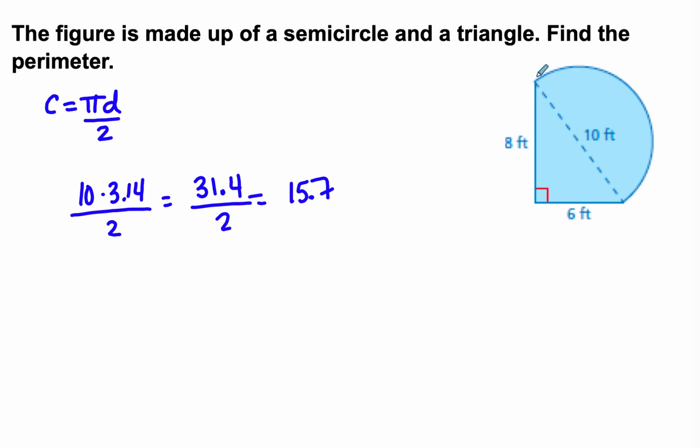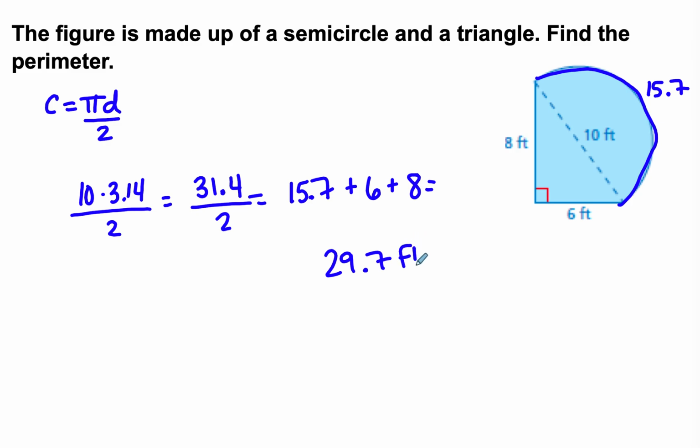That's this part. I didn't do a very good job tracing, but that's okay. The curved part is 15.7. I still have 6 and 8 on the outside, so I need to add those together. Plus 6 plus 8. And that is going to tell me my total perimeter, which is 29.7 feet.